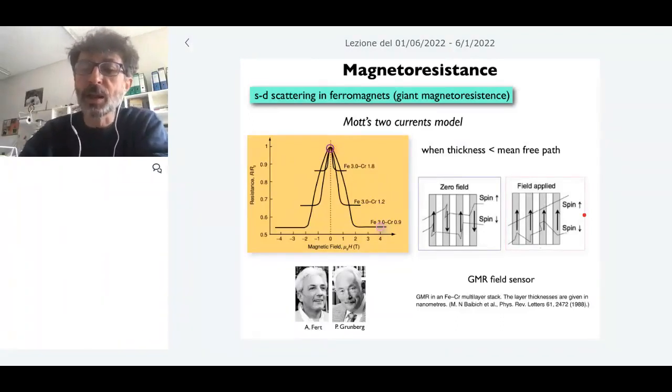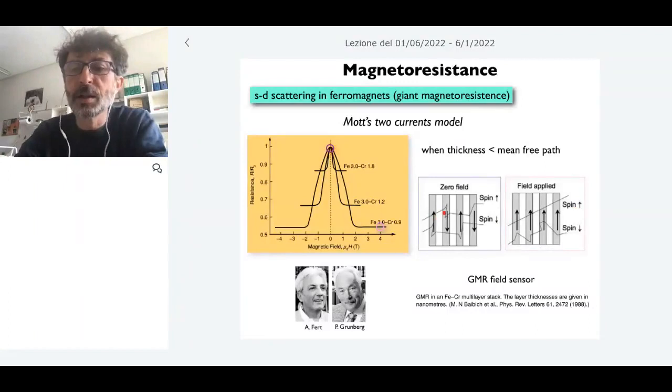But if you go in a condition where the layers are alternating, as soon as an electron finds itself in the neighboring layers, if it was a majority in the first layer, now it's a minority electron in the other layer. So you have continuous scattering.